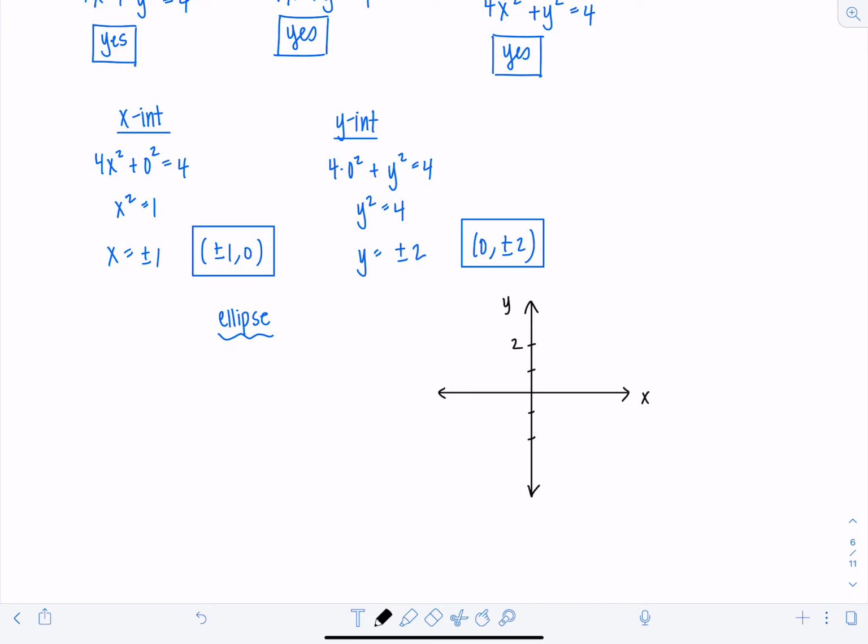But you'll notice here's our y-intercepts at 0 plus or minus 2, and then x-intercepts at 1, negative 1. So this is our ellipse here. And then you can see that it has all three kinds of symmetry, x-axis, y-axis, as well as origin.